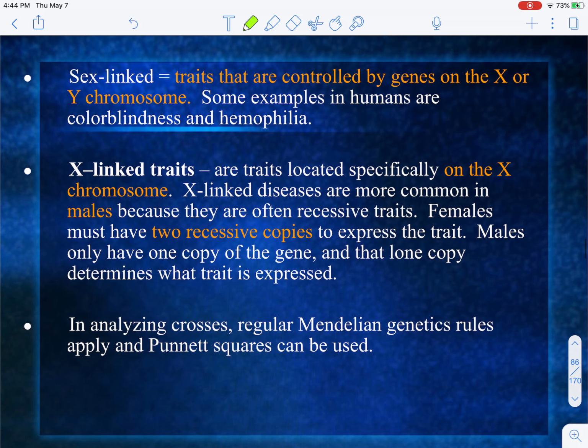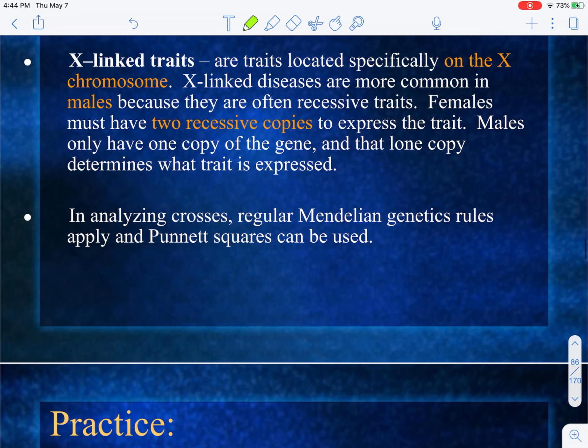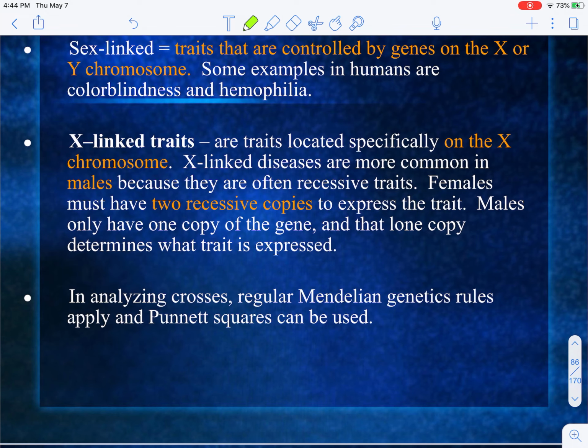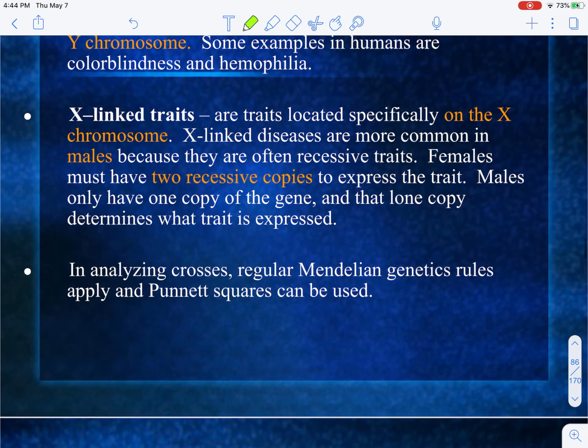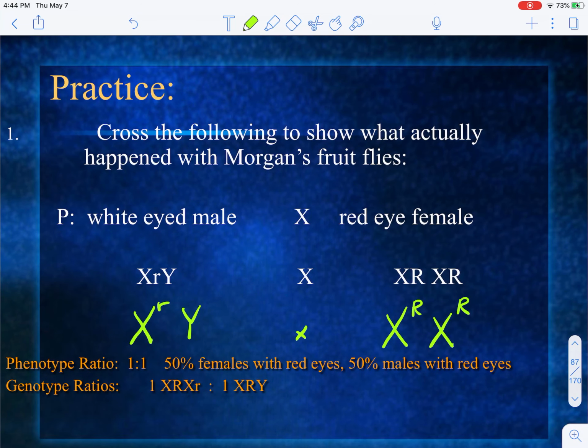So it's a little bit too easy, and there are only a few traits that we talk about that are on the Y chromosome, and basically it's the testes determining factor for male hormones, and actually a gene also for hairy ears that's found on the Y chromosome. On the X, though, there are quite a few, which I'll show you in a future slide. But when we write down our genes for sex-linked crosses, we will write down this.